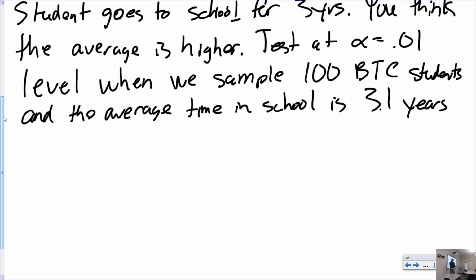Some of them was 3, some of them was 4, some of them was 2, some of them was 5. The average worked out to be 3.1. And the standard deviation equaled a half a year.